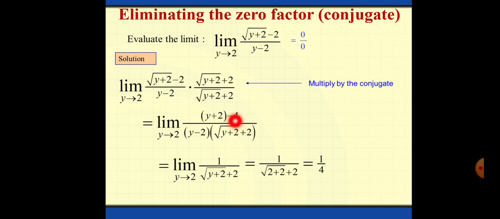So you have y minus 2 above and y minus 2 down, so you can delete y minus 2 from the numerator and the denominator, and after that we have 1 over root y plus 2 plus 2. When y approaches 2, now substitute, so the final answer is 1 over 4.